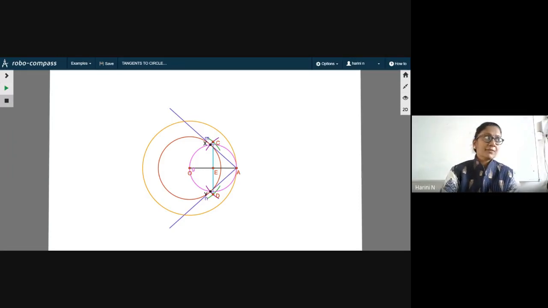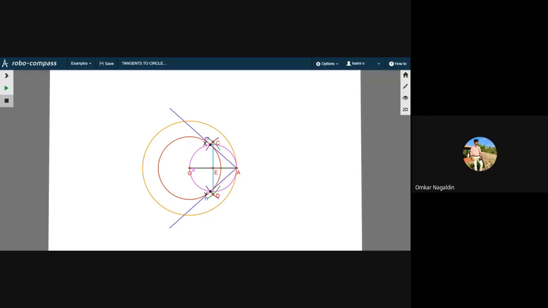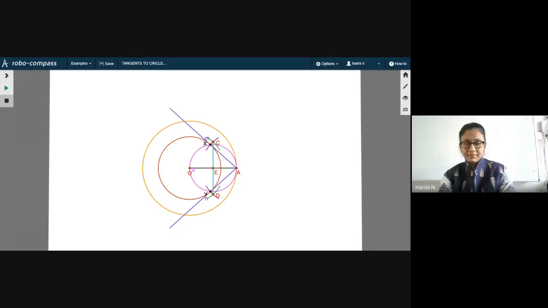What's the next step after you join OA? It's very simple after that. Construct the perpendicular bisector of segment OA. Yes.